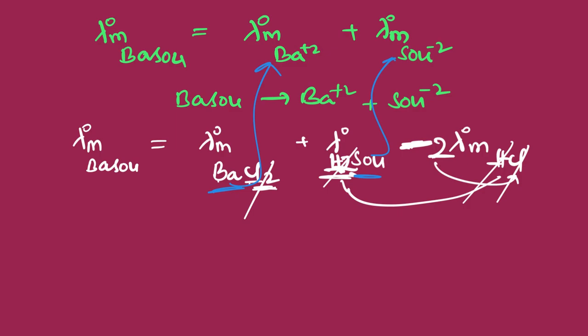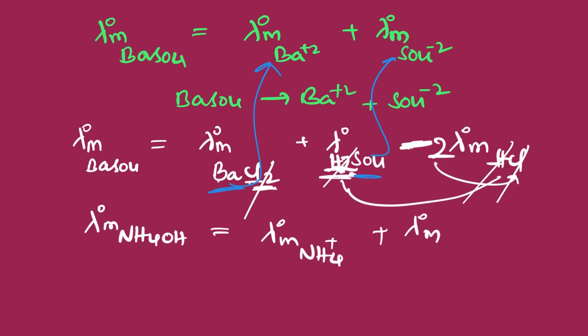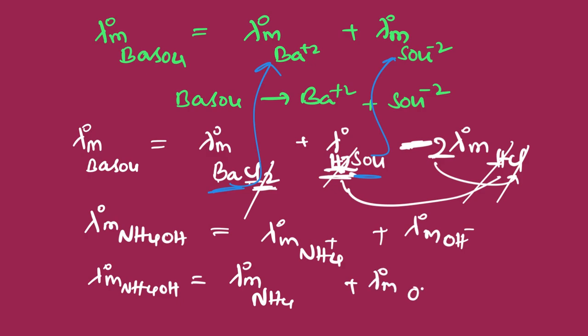Anything given like this, you can easily write. Example, lambda naught M NH4OH is equal to lambda naught M NH4 plus, lambda naught M OH minus. Now this is equal to which one? Lambda naught M NH4OH is equal to lambda naught M NH4 Cl, plus lambda naught M NaOH, minus lambda naught M NaCl.